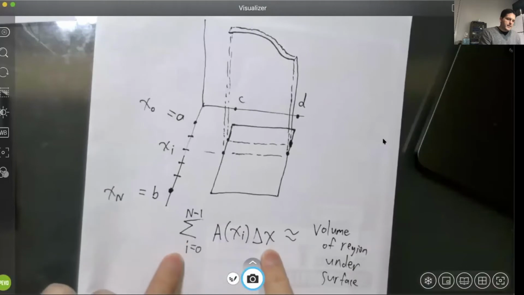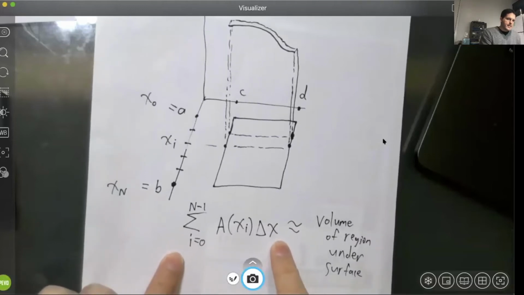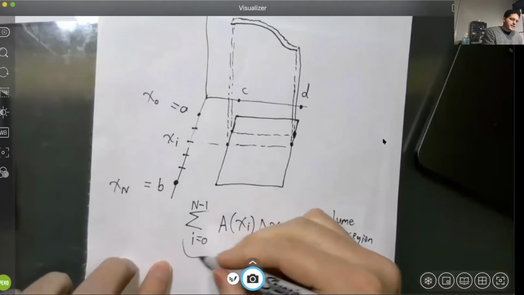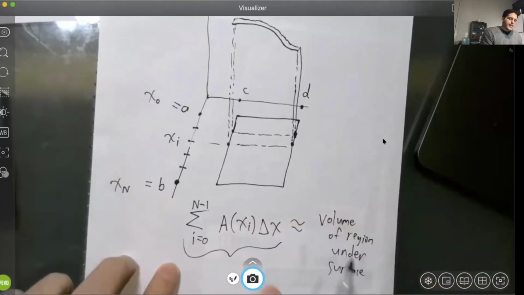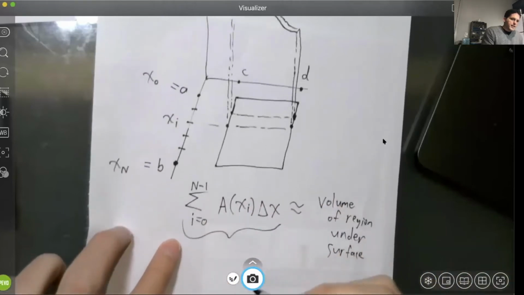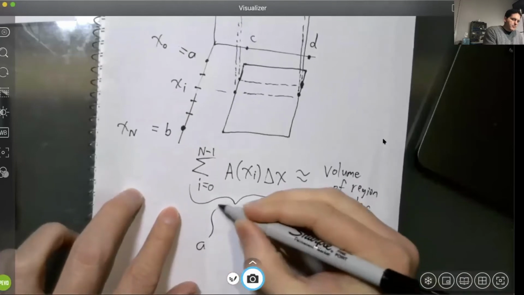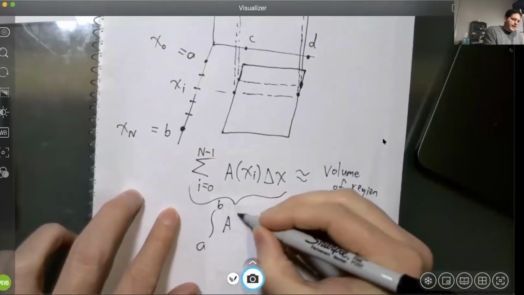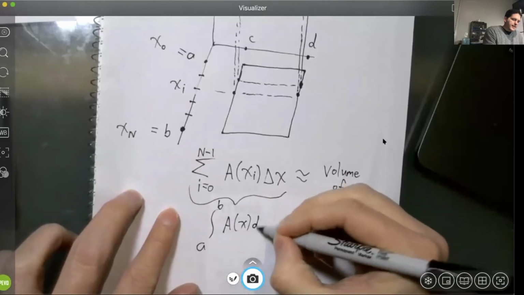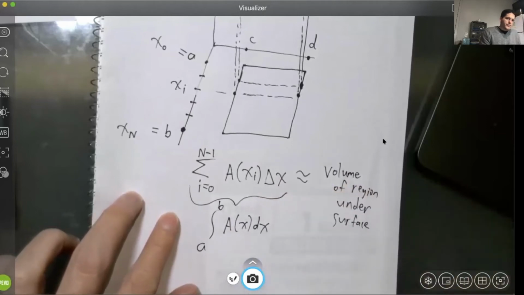But let's look more closely at this sum here. You might notice, this sum actually looks just like a Riemann sum from single variable calculus. And this Riemann sum approximates the integral from a to b of A of x dx.